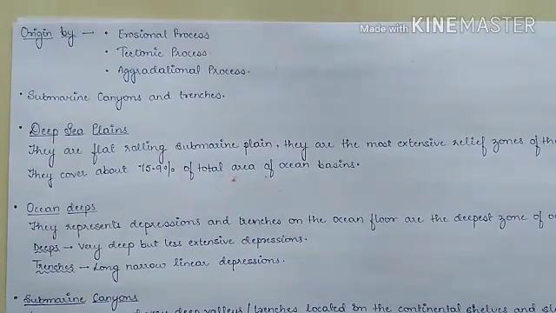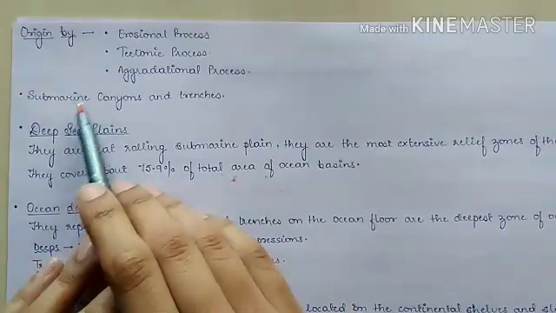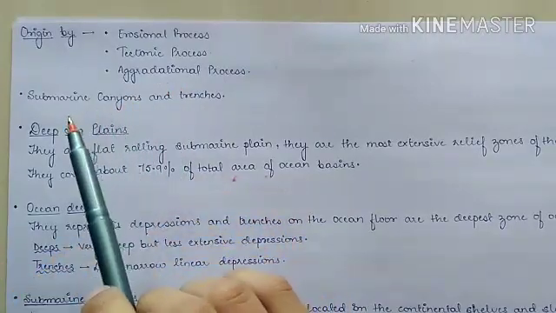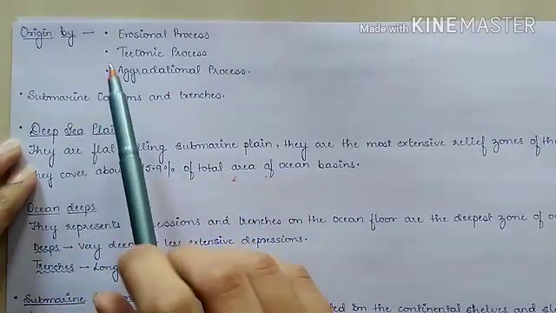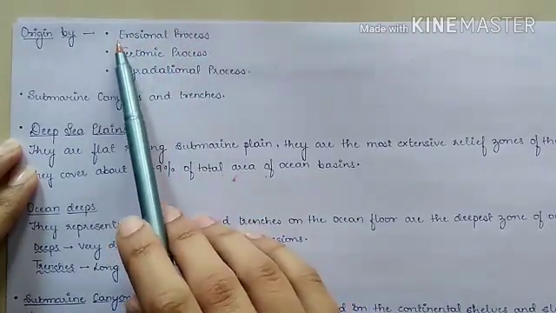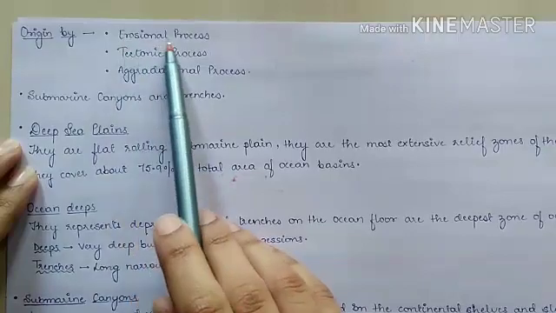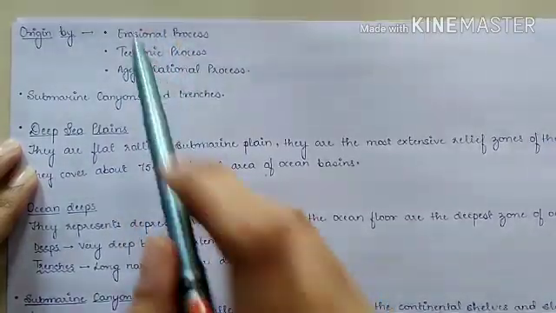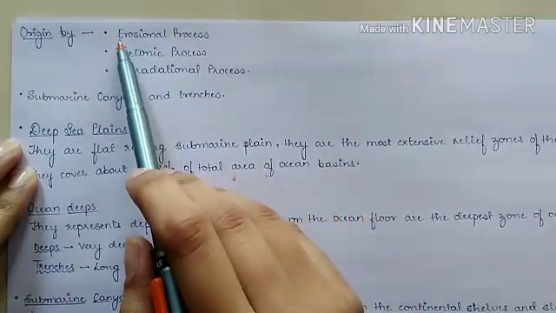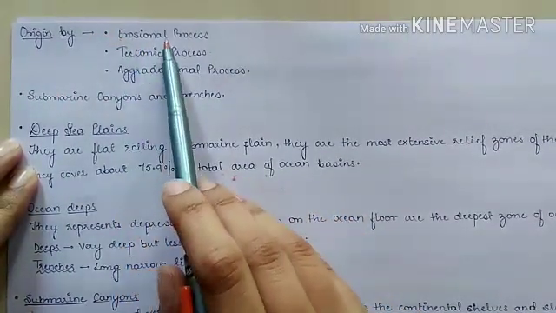So in erosional theory, we have the most significant relief features in the continental shelf, and that is submarine canyons and trenches. Because we have submarine canyons and trenches formed in the continental shelf, based on their presence some geologists and geographers say that the continental slope is formed by erosional process.